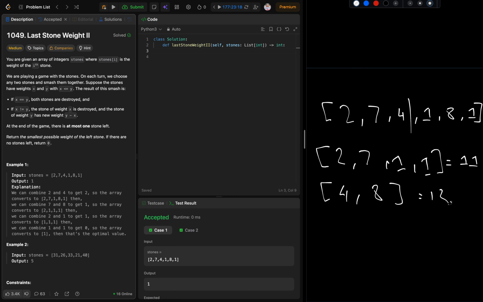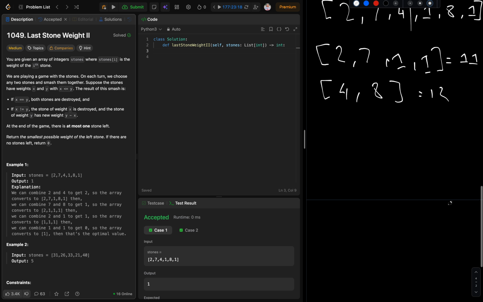So we kind of want to just split the list into 2, and a way we can do that is using dynamic programming. Basically our new target is the sum of our nums divided by 2. We want to find a plus b, where a and b are the sums of these two lists, which equals the sum of all the numbers.